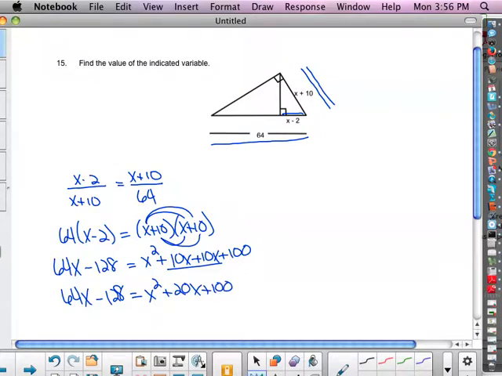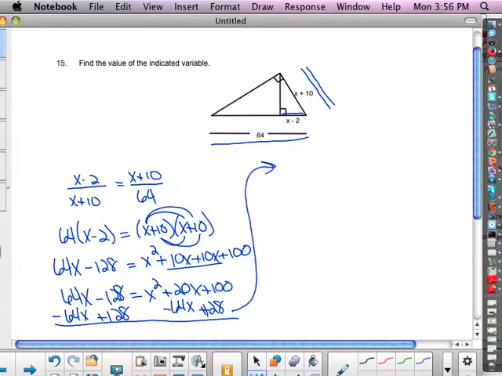Now subtract the 64X from both sides and add the 128 to both sides. So I will have X squared minus 44X plus 228 equals 0.